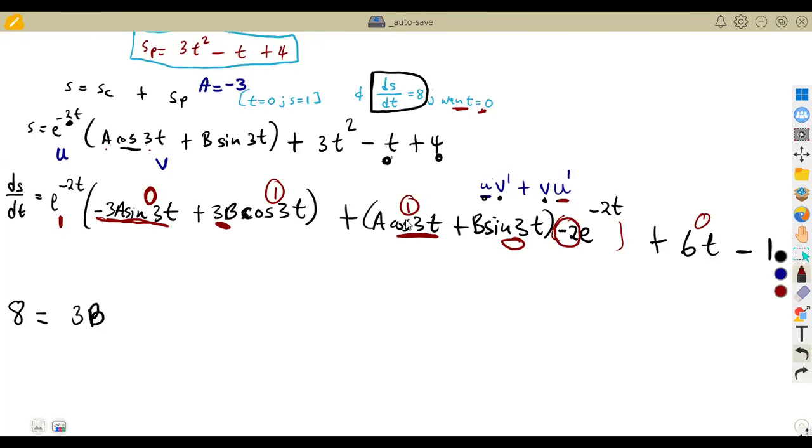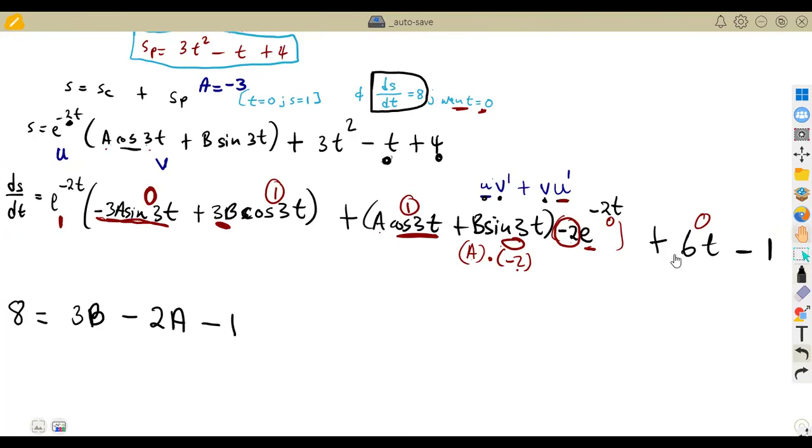So the a that we got here, a plus 0, is a. Then this a times minus 2, because e to the exponent of 0 is 1, gives minus 2a. Then here, 6t with t equal to 0, we are left with minus 1.